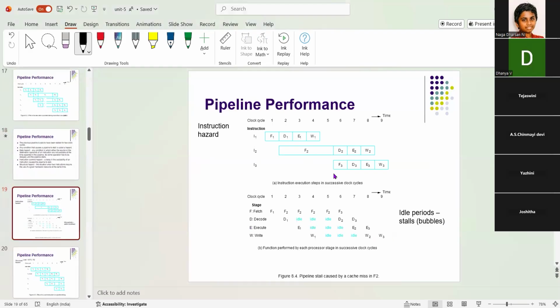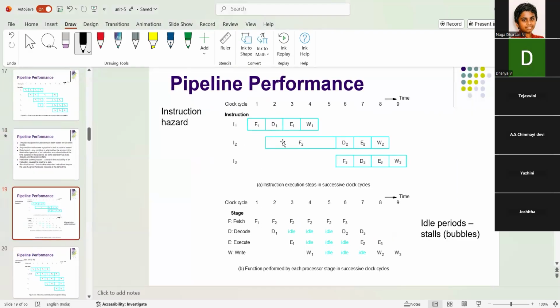Okay, this is just a small example of instruction hazard. We'll look into instruction hazard in more detail, but I'll just explain what is here now. There are 4 stages: fetch, decode, execute, and write. Now in your instruction 2, your fetch unit is taking a long time.